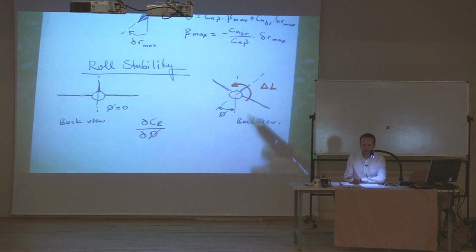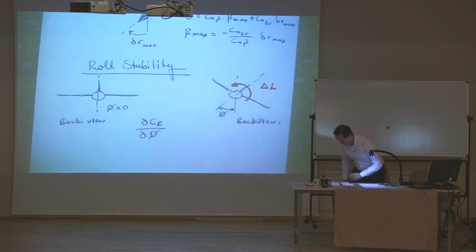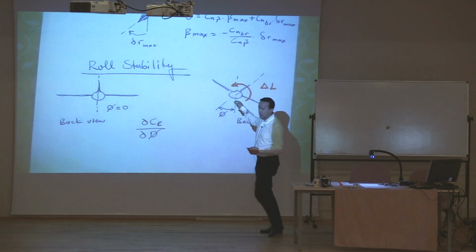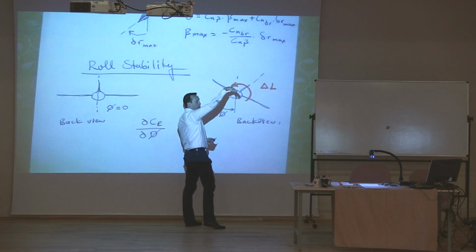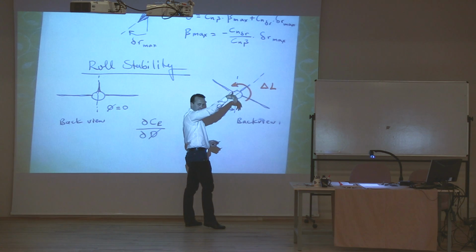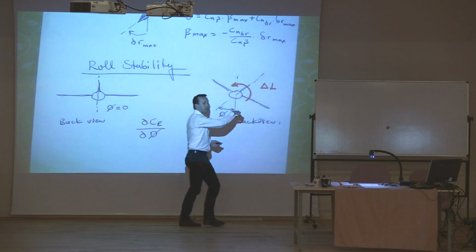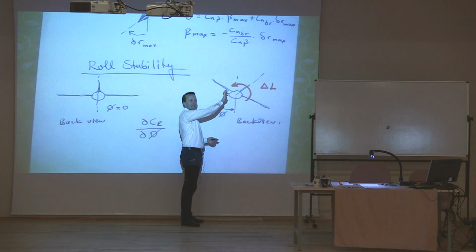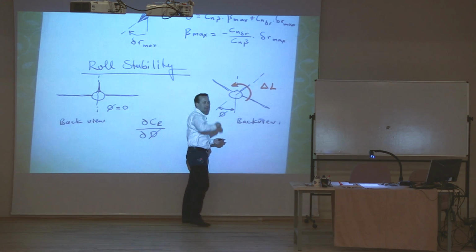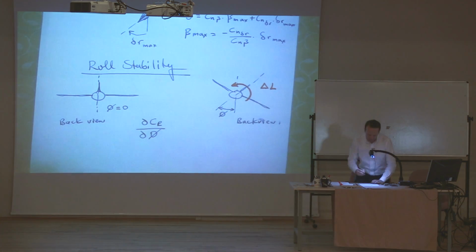Is this a positive phi or a negative phi, if you're rolling to the side and we're looking from the back? It's a positive phi, because if this is the back of the airplane, you take your thumb, X body is in this direction, so that's a positive roll. So for a positive phi, do you want a negative or positive delta L? Negative delta L, right? You would like to have a negative.